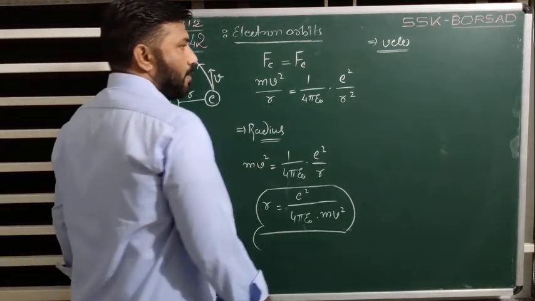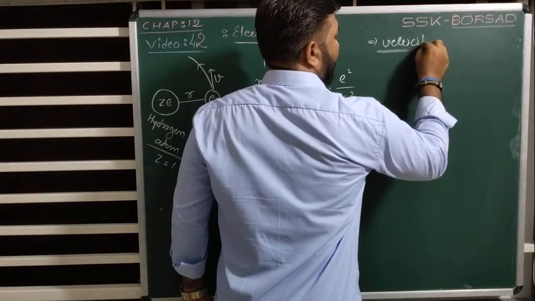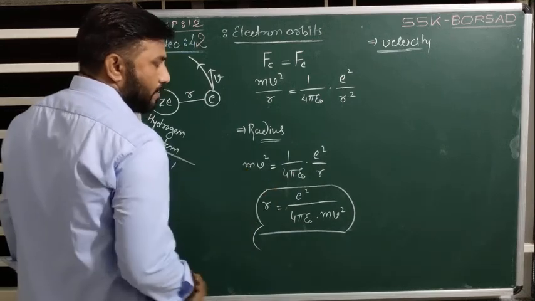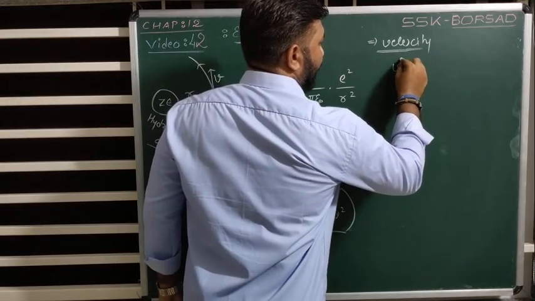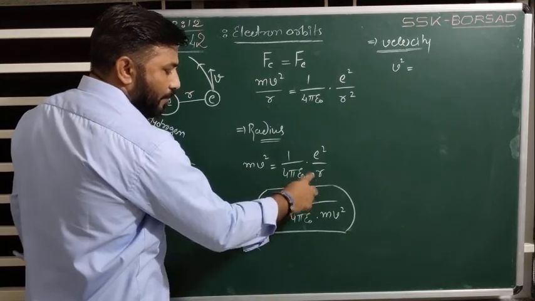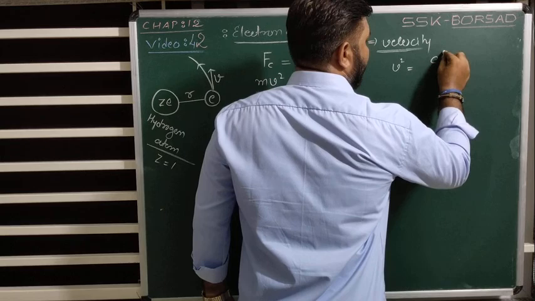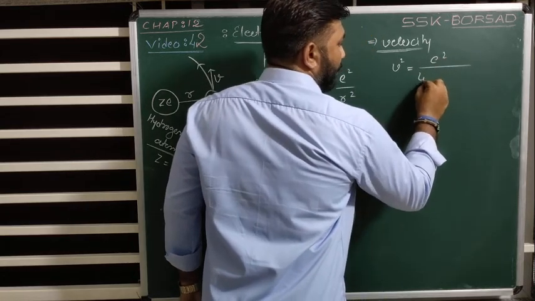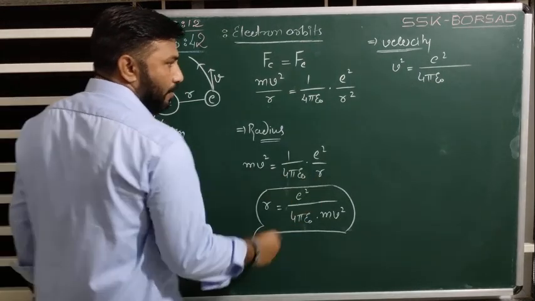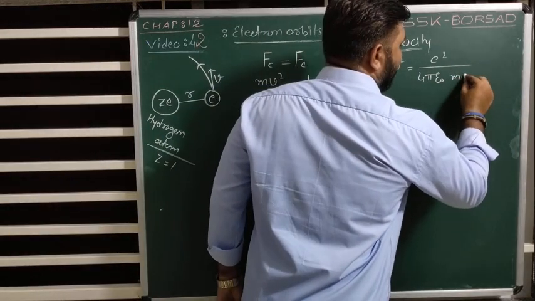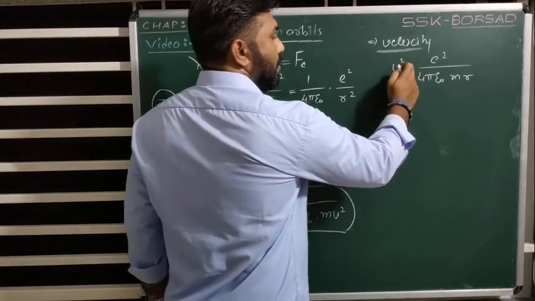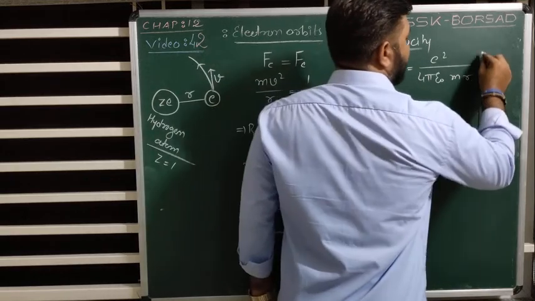If you are taking the equation of velocity, then take m on this side, so you will get v square equal to the entire term as it is, e square upon 4 pi epsilon 0 as it is, and m r. To find the equation of velocity, here take the square root.